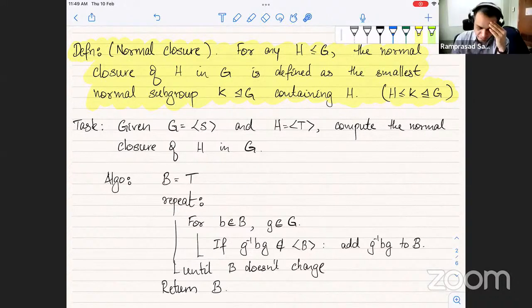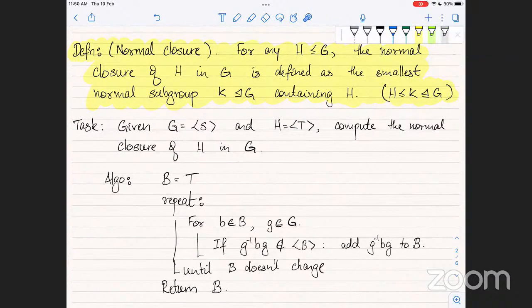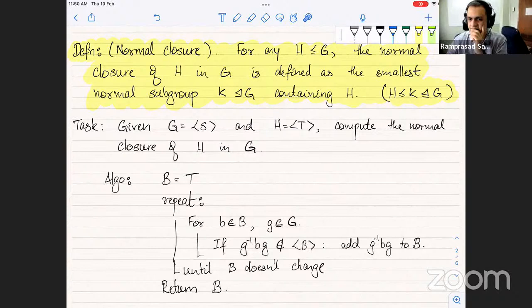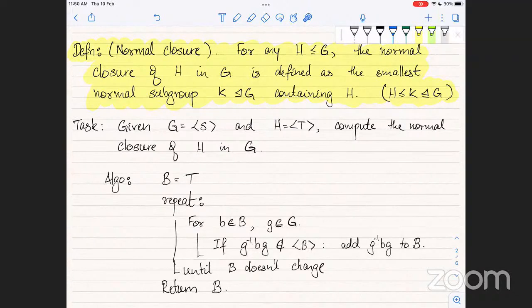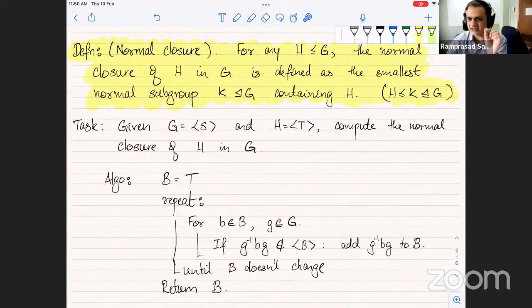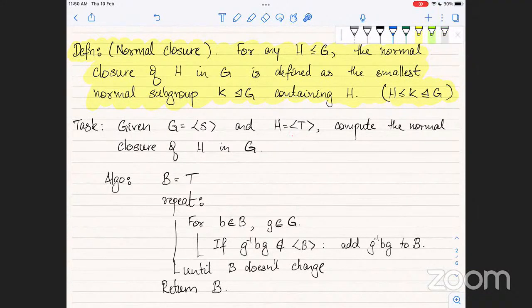Let's say you pick up an H here and a G here. Now you look at G inverse HG. Firstly I pick up a G from G, and I am trying to compute G inverse HG. For all H in capital H?